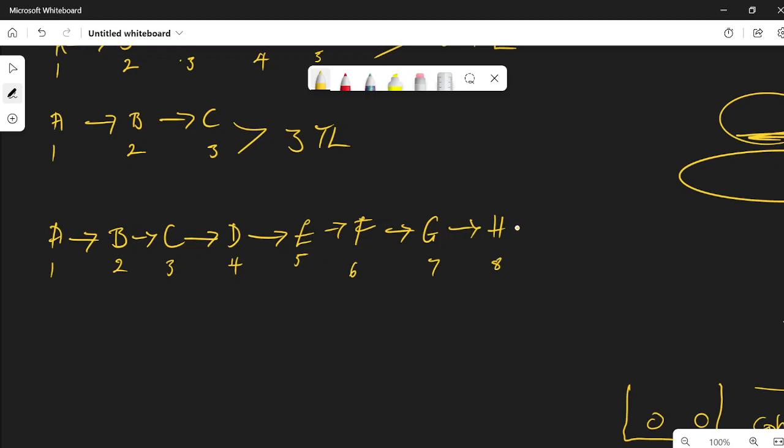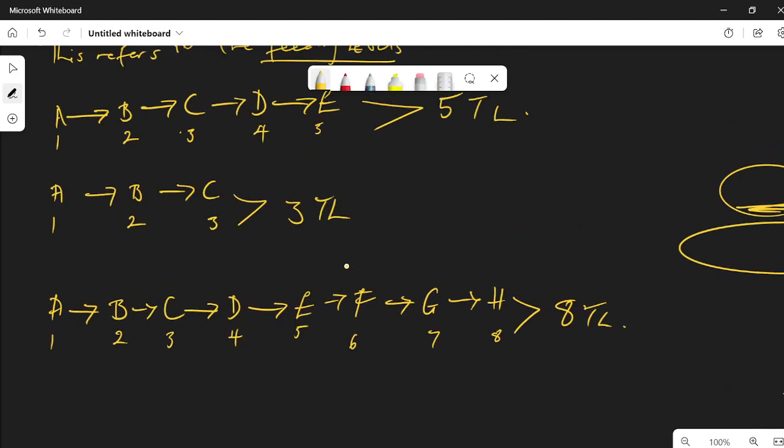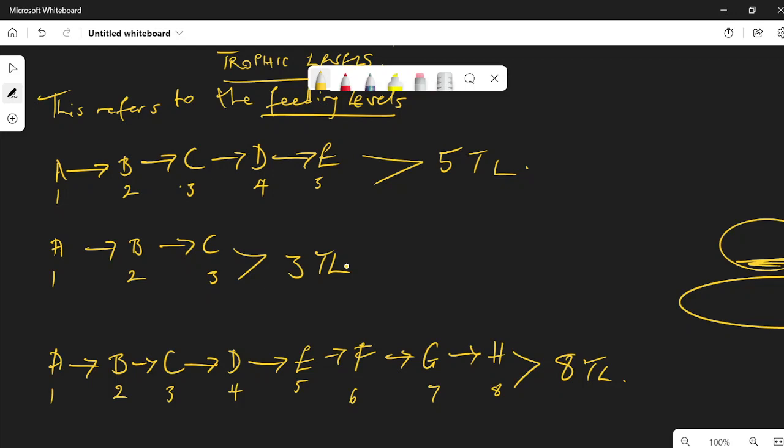So in this one here, we refer to it as 8 trophic levels. So the number of organisms that we have in a particular chain, in a particular feeding relationship, is what we refer to as its trophic levels. So this refers to the feeding levels in a feeding relationship. So that is what trophic level is about.